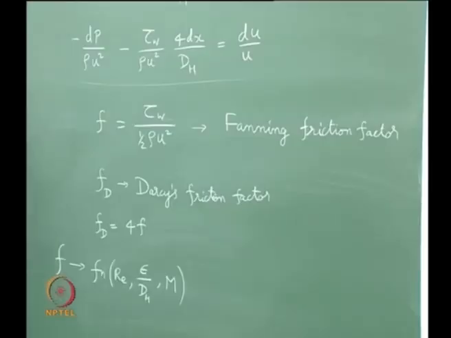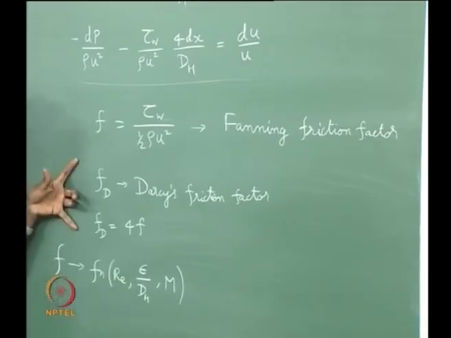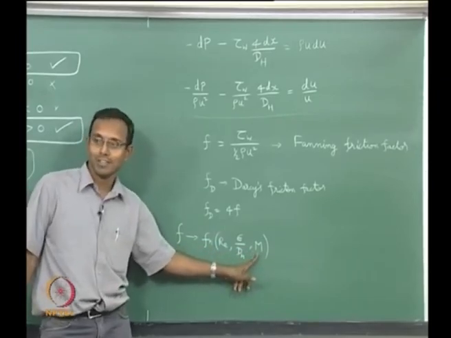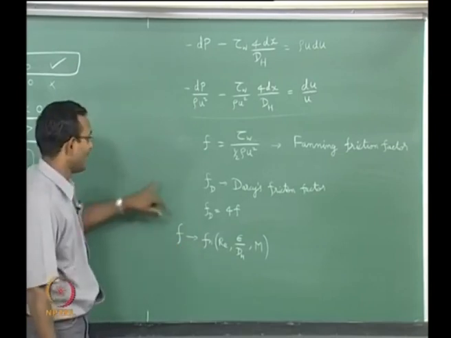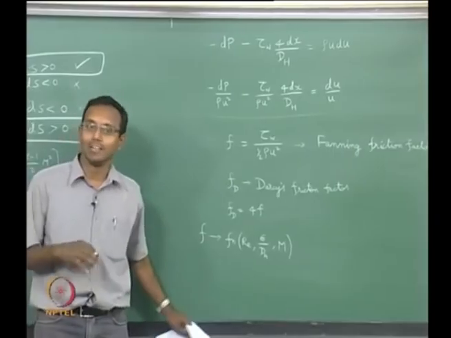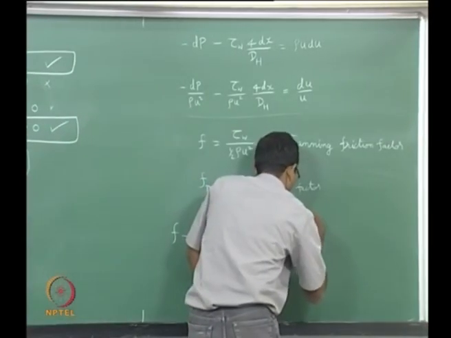This function is not a strong function of Mach number, it is an extremely weak function of Mach number. So I will use the charts used by incompressible flow people, because with Mach number not being a serious factor, my f value will not be very much off. So I am going to use Darcy's friction factor. Typically in all incompressible flow books they will give you something called a Moody chart.